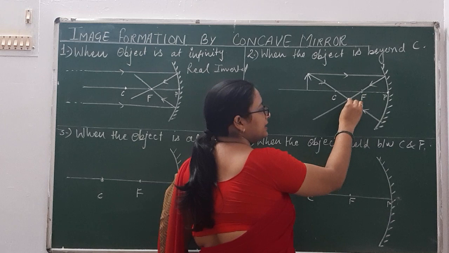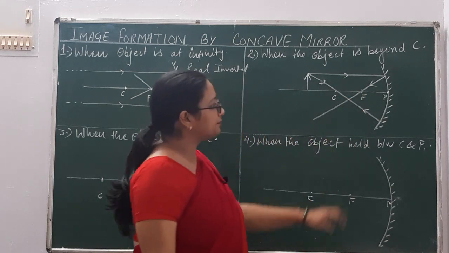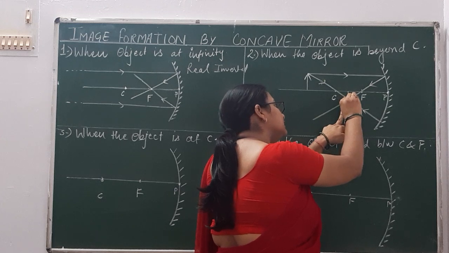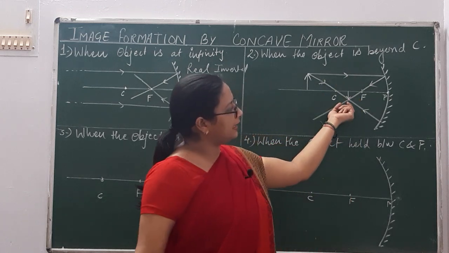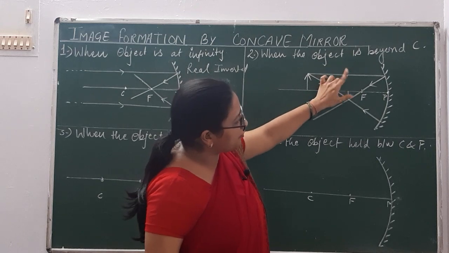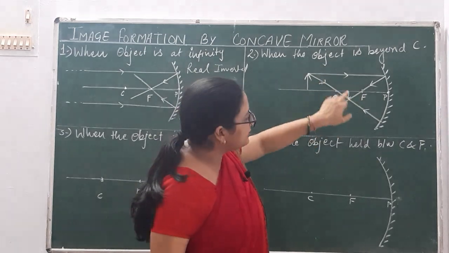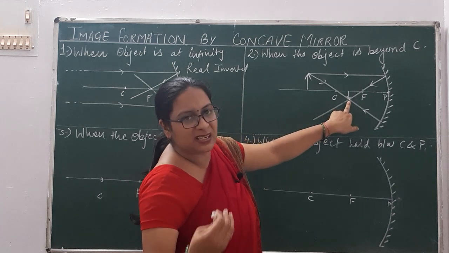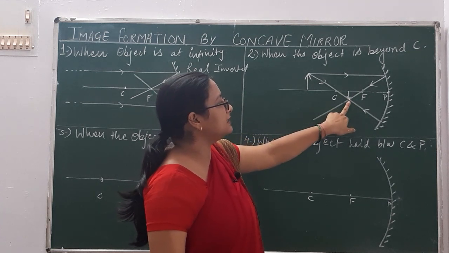So the point of intersection is real here, and this is the image. Okay, we will mark the size of image from the principal axis. This point just lies downward in the principal axis.